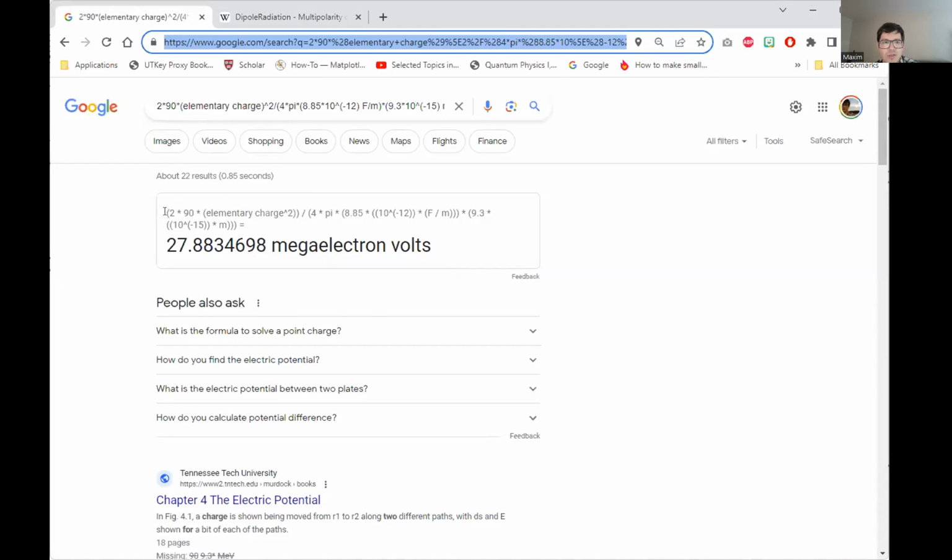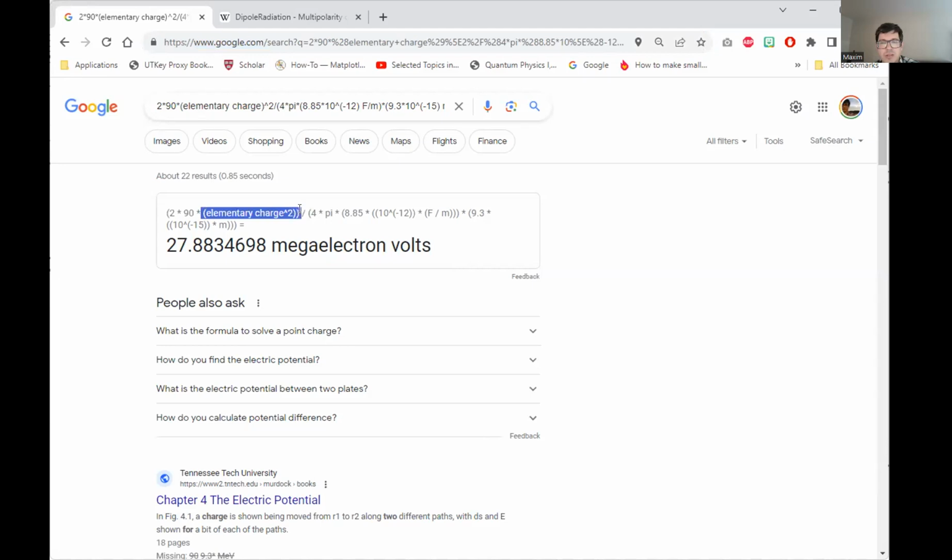So I put 2 times 90 times the elementary charge squared divided by 4 pi epsilon naught, the vacuum permittivity, 8.85 times 10 to the minus 12th farads per meter. Then with my 9.3 femtometers, you get 28 MeV. Huge. Really surprisingly huge.